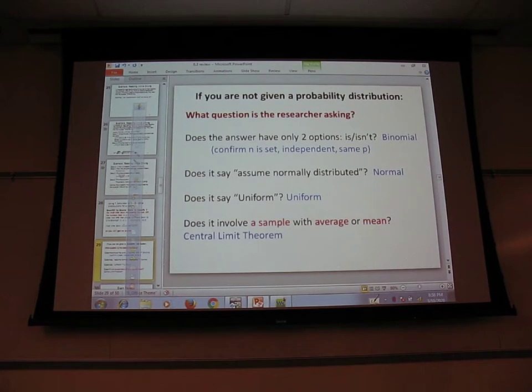Binomial. How do you know something's binomial? It has two possible outcomes. So you're doing something over and over again, and it has only two possible outcomes. And maybe you think about not what I'm asking you, but what the researcher asked its subjects.